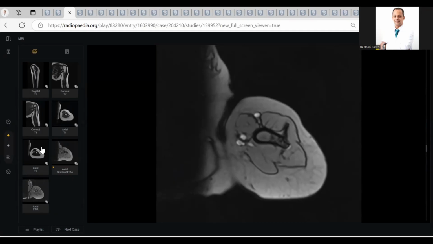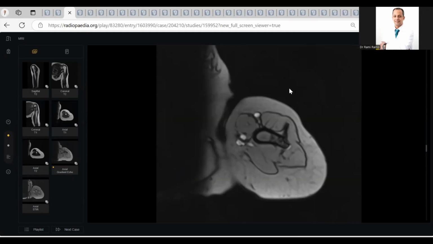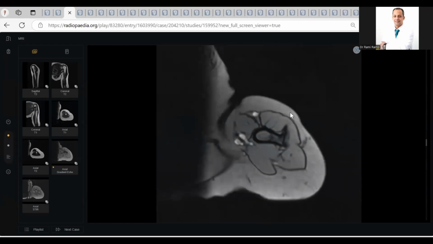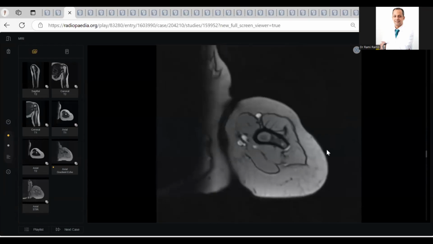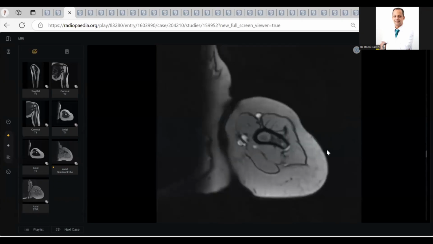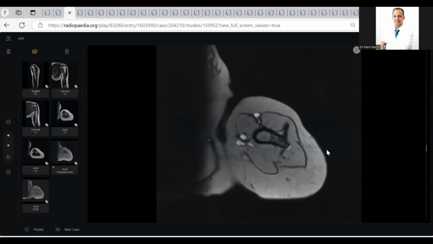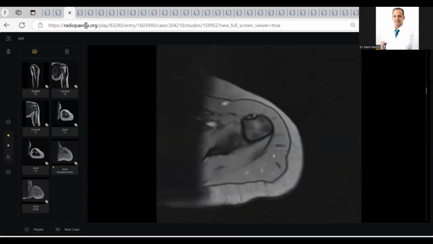This is T2 images. What's your answer, please? Sir, it is not thickened, sir. The cartilage cap is not so thickened, sir. Okay, next case.